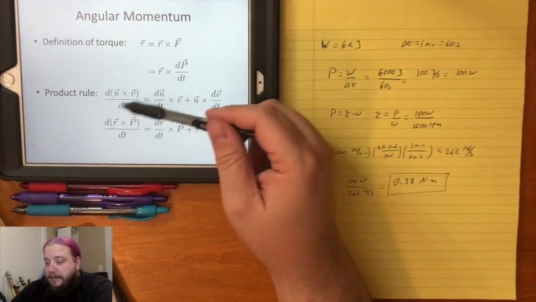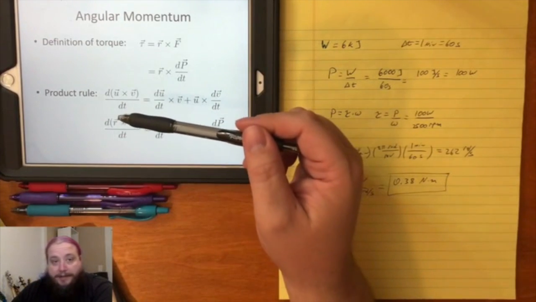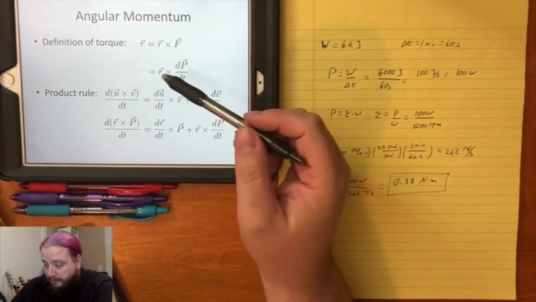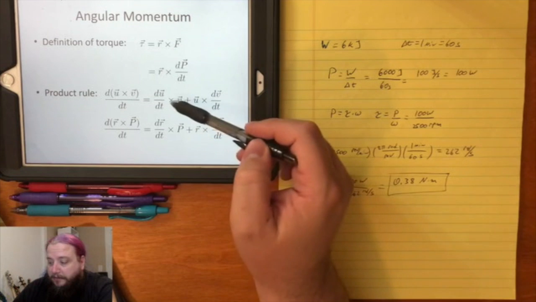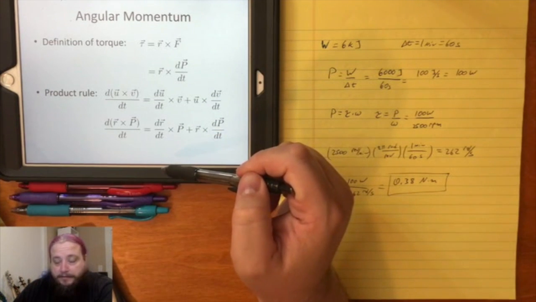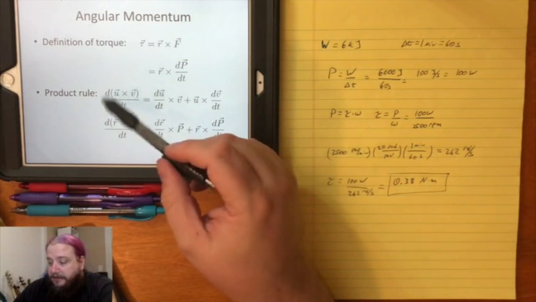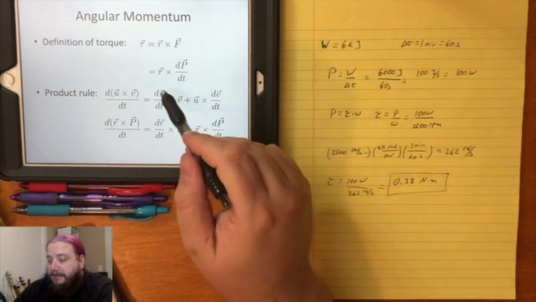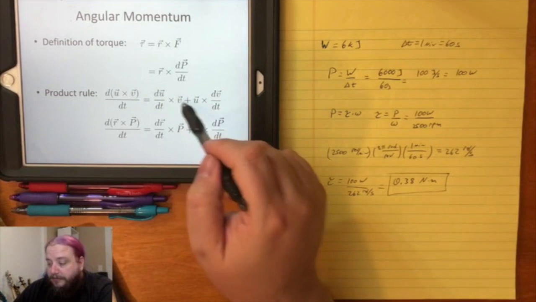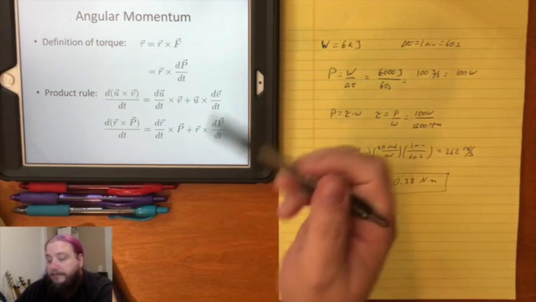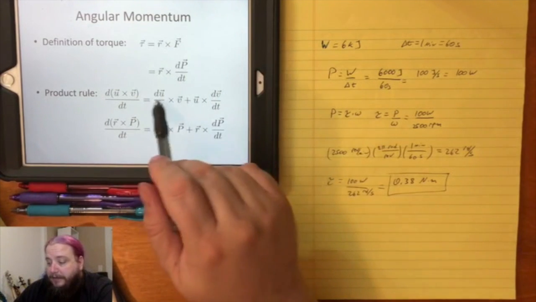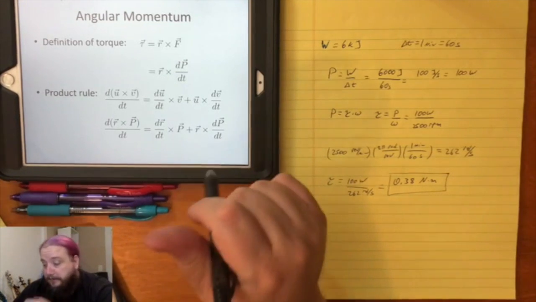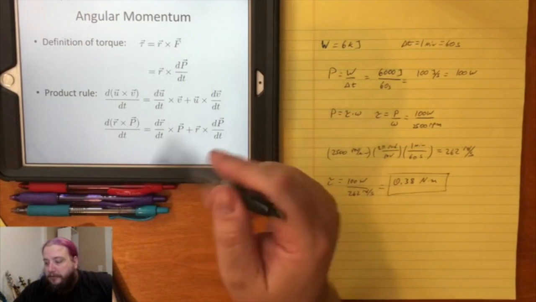Now, there's a product rule that we can apply when taking a derivative here, which is basically just like the product rule for normal multiplication. The derivative of u crossed with v is the derivative of u crossed with v plus u crossed with the derivative of v. The only change is that we have to keep the order of u and v the same, because for cross products order matters.